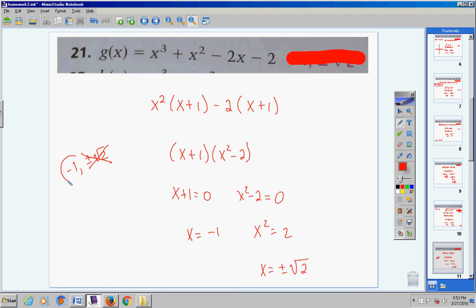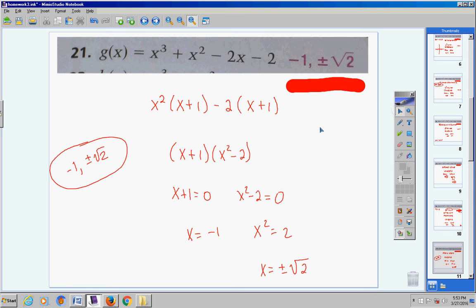I would include this answer only, because that's rational and this is irrational. However, the directions for this section say to find all real zeros. Doesn't matter if they're rational or irrational, find them all. So I have 1 rational zero, 2 irrational zeros right here, for a total of 3 zeros. And that's my answer. Okay?